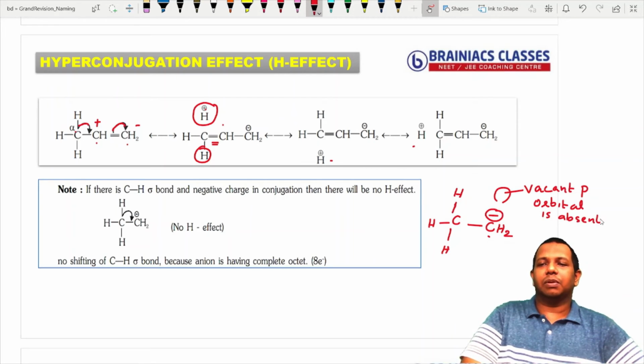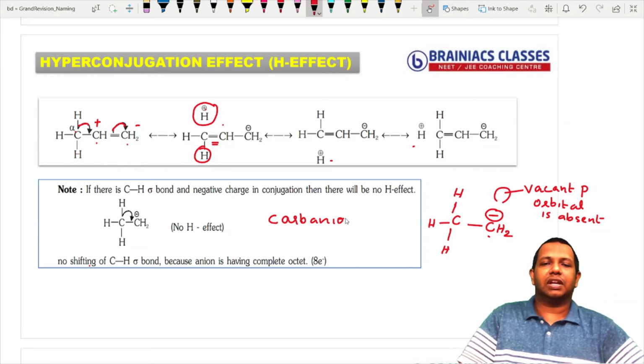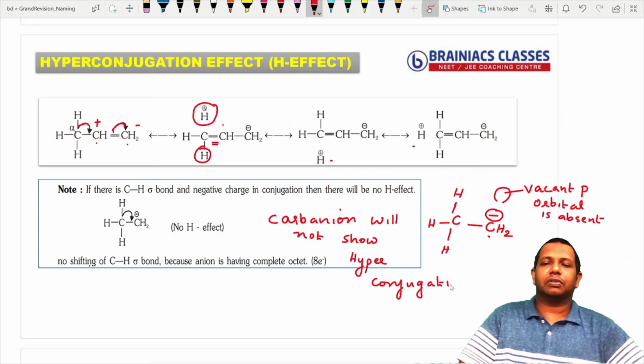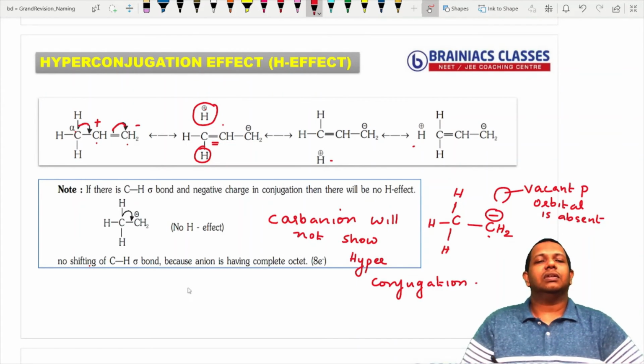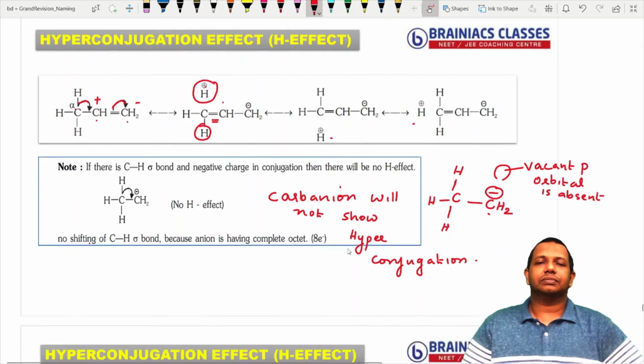So please remember, carbanions, carbon carrying a negative charge, will not show hyperconjugation. You can see the same thing here, so there will be no hyperconjugation effect. Is this clear for everyone?